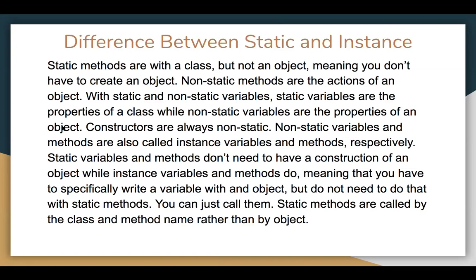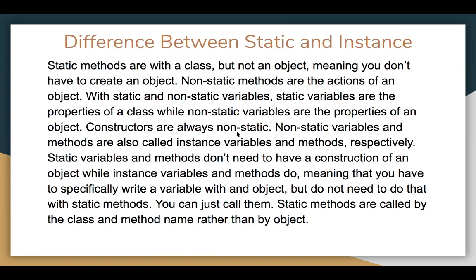Like, what color is the hair? How long are the arms? How long is the body? They're properties, defining attributes of a person, for example. And moving on, constructors are always non-static.